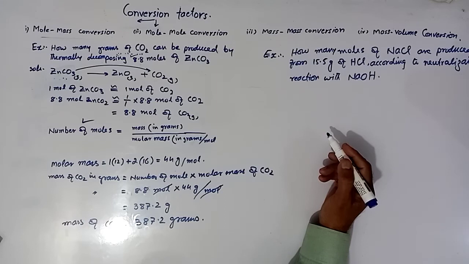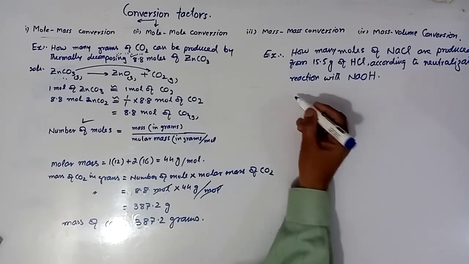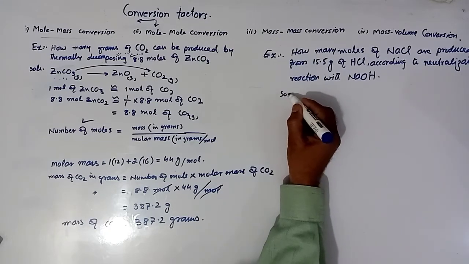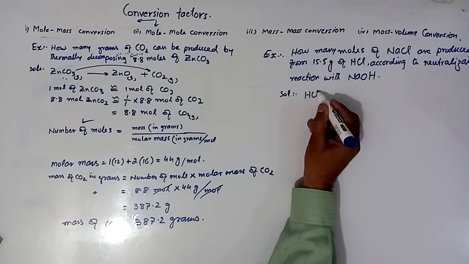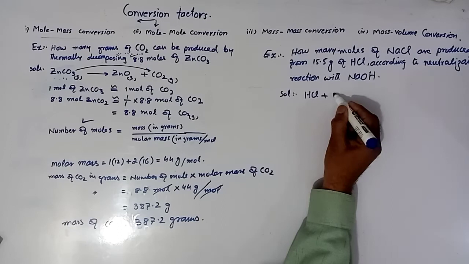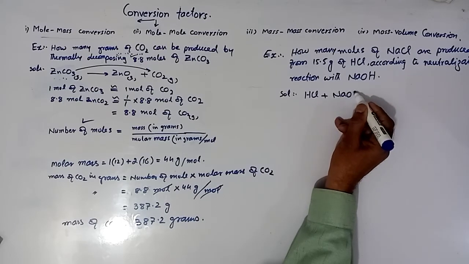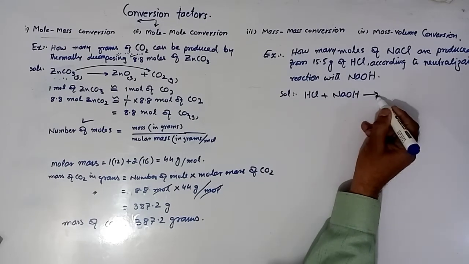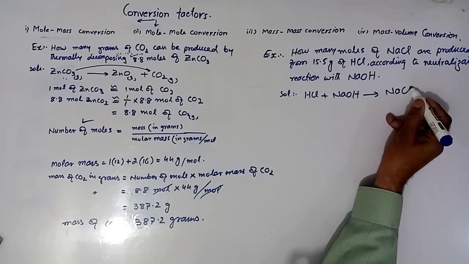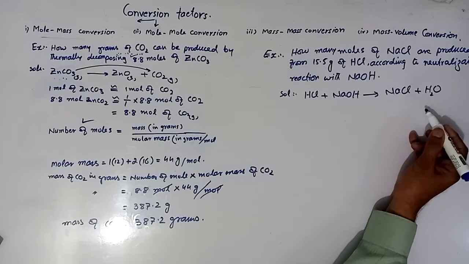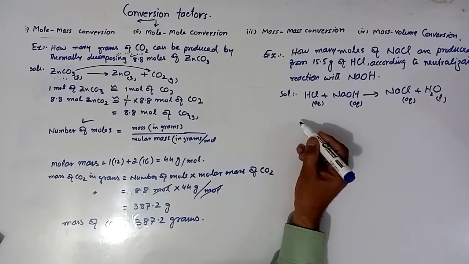For this purpose, first we will take a balanced equation. So the balanced equation of hydrochloric acid with sodium hydroxide gives sodium chloride and H2O in solution.